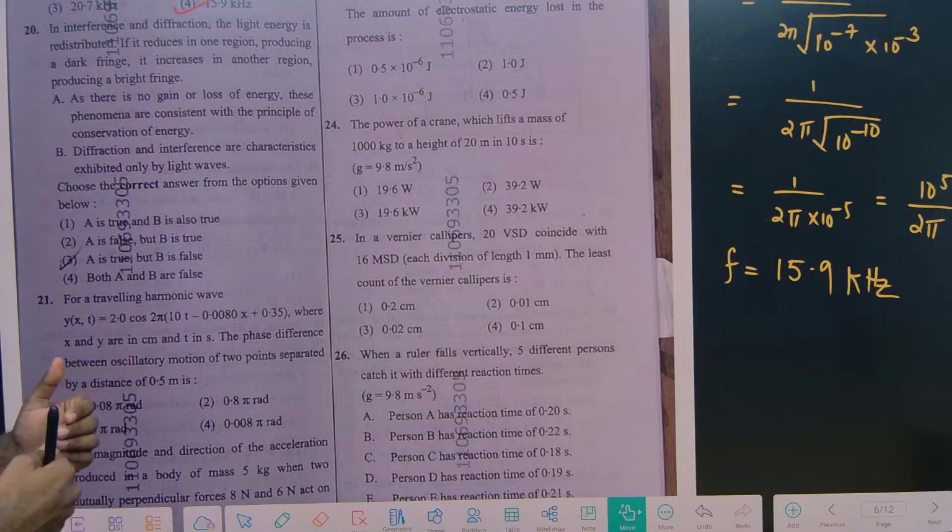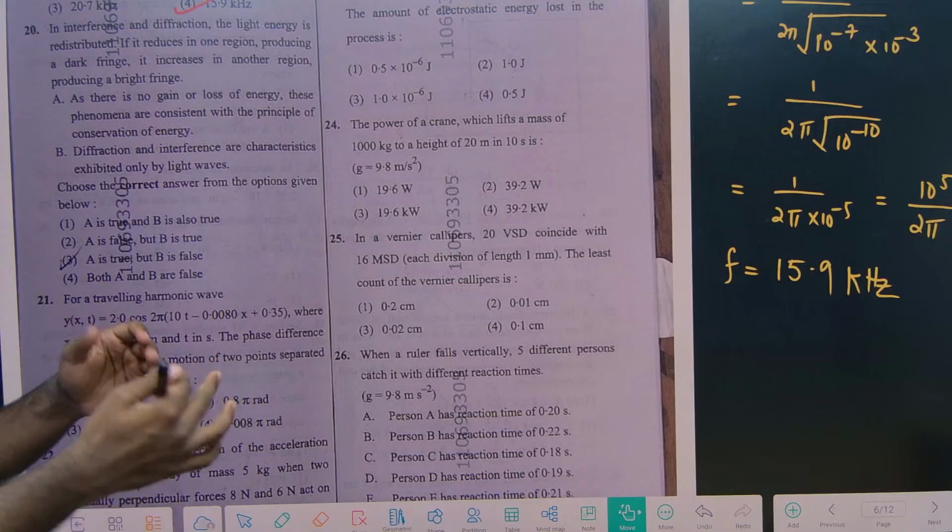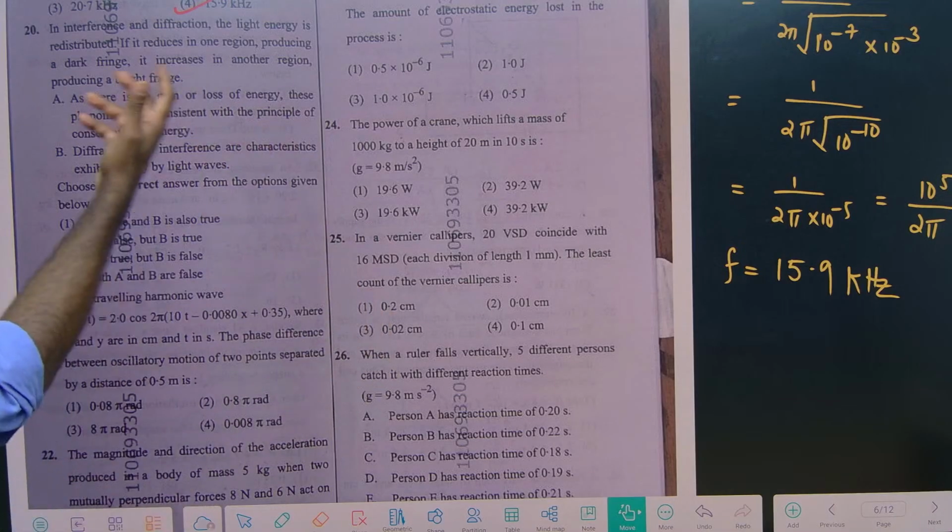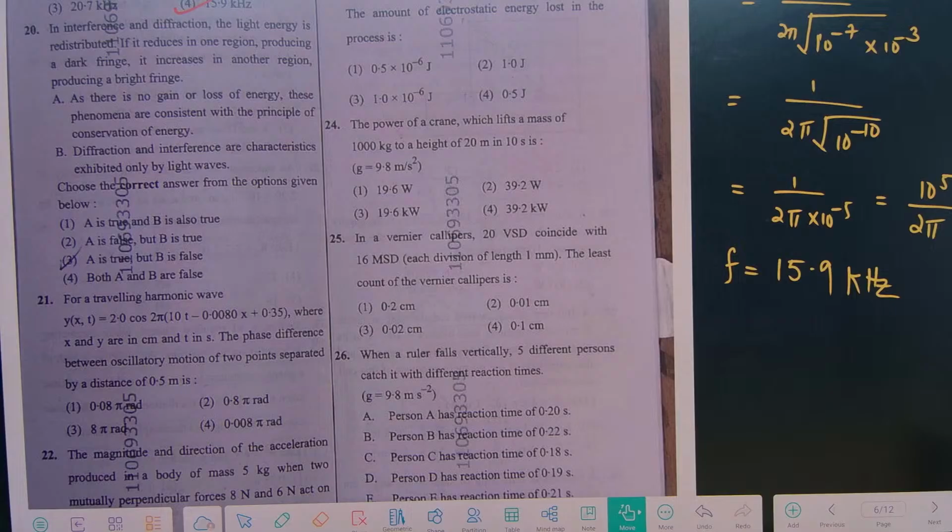So as one increases, the other decreases, dark and bright are interchanging there. As there is no gain or loss of energy, these phenomena are consistent with the principle of conservation of energy. Okay, it is true.